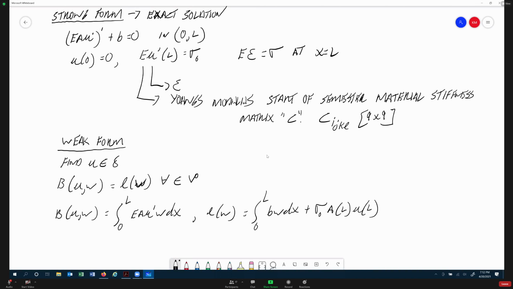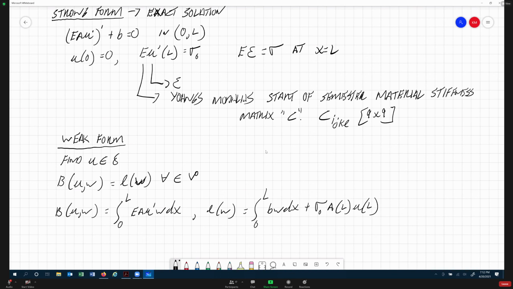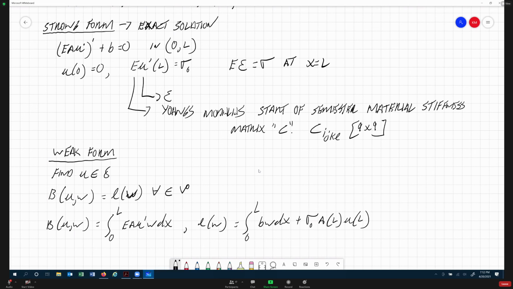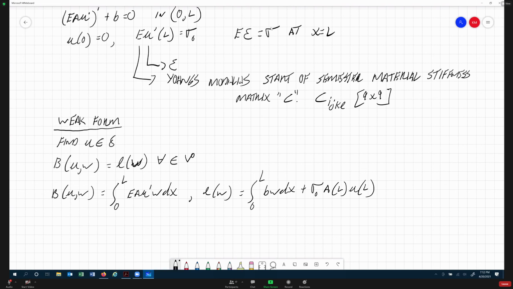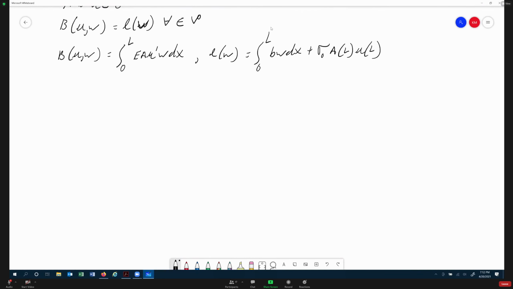Okay, so let's just remind ourselves of that. So we have that at the top of our notes. That's what we're trying to solve. And we'll remind ourselves of our simple beam. And we have a stress, and L is that distance.